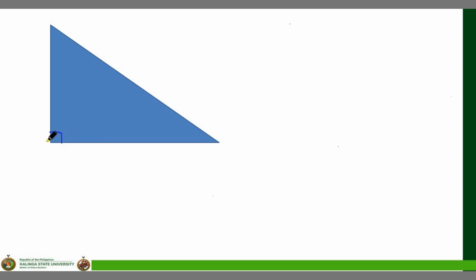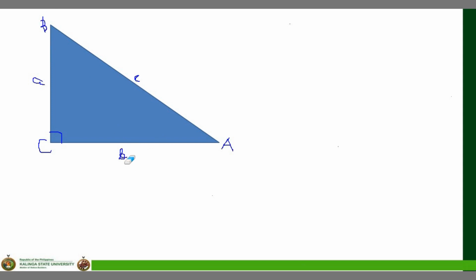Let's say this is angle C. Always, the opposite side of angle C is side C. If this is angle A, the opposite side is always side A. If this is angle B, the opposite side is always side B.